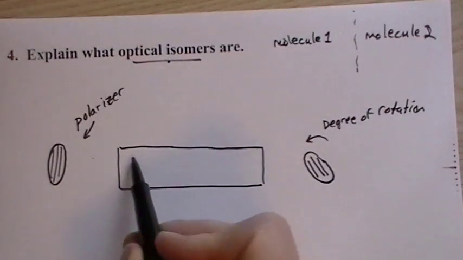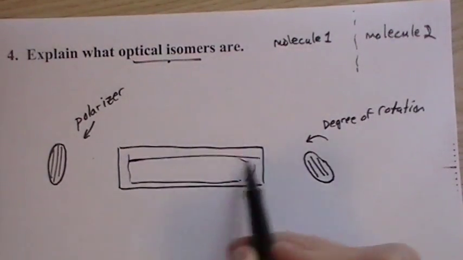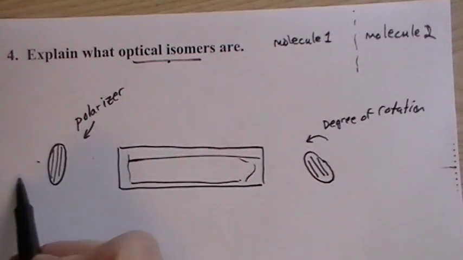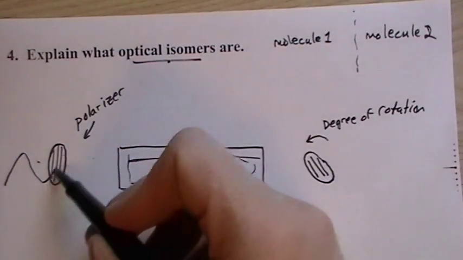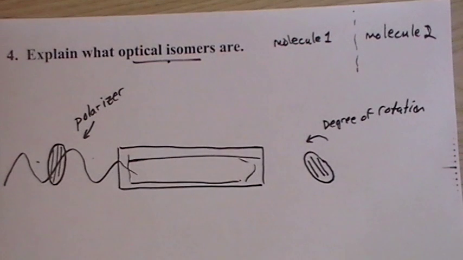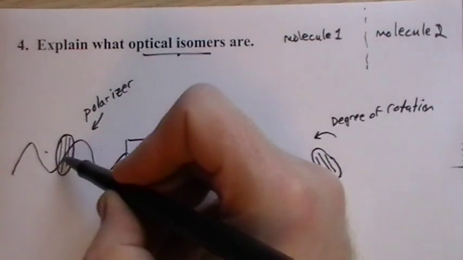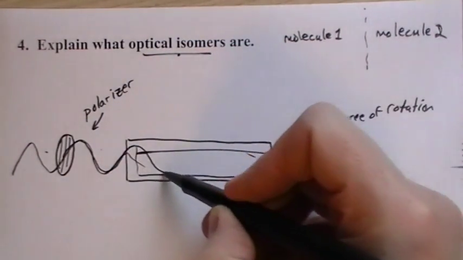If we put one of the species into a solution and run plane polarized light through, that is, plane polarized light. When light comes through, say from the sun, it's rotated in all sorts of directions. The waves of light are all oriented differently. We put them through a polarizer, though, and we only get one type of light, one plane polarized light.